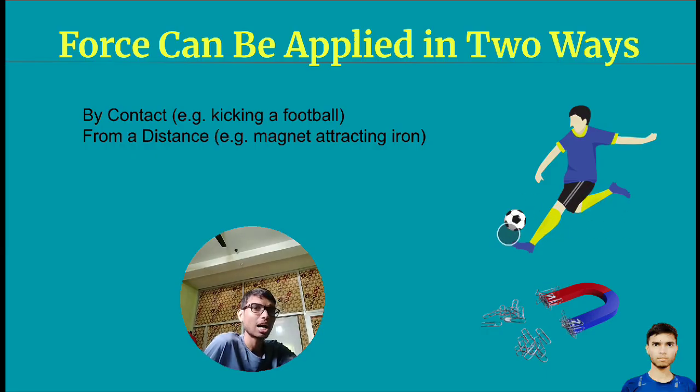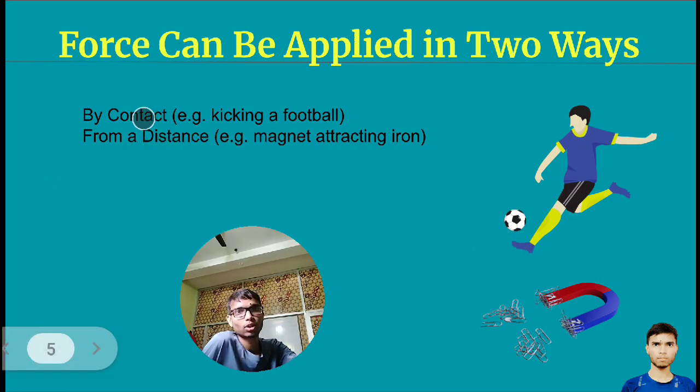He will hit hard here, so the speed will be more, but at the final position the speed will be less, because he hit initially with a harder force, that's why the velocity will be more here. So force can be applied by contact.